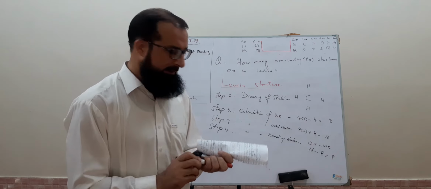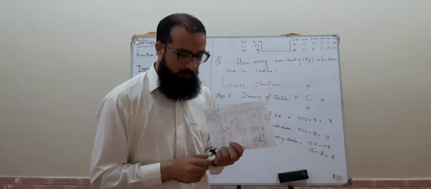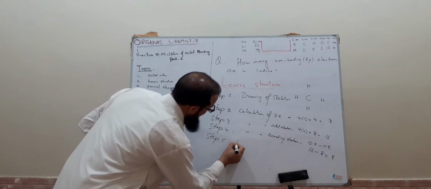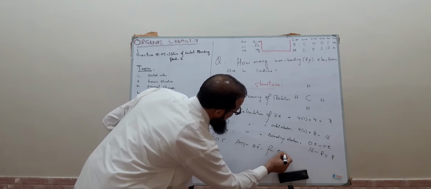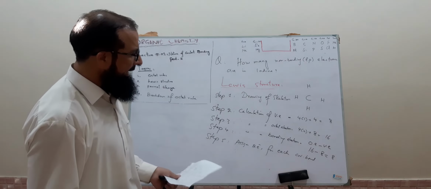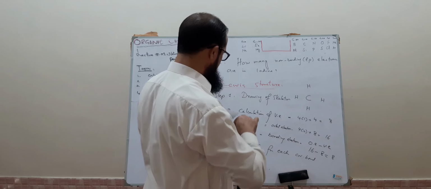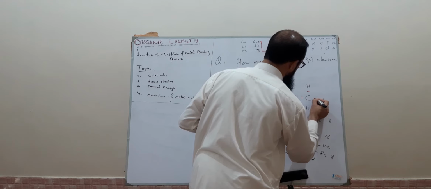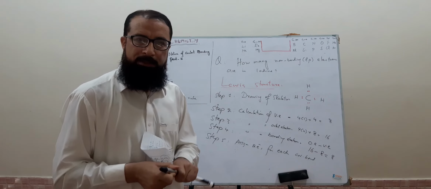In the next step, step number 5, we assign 2 electrons for each single covalent bond. We have 8 bonding electrons, so we have 4 covalent bonds.